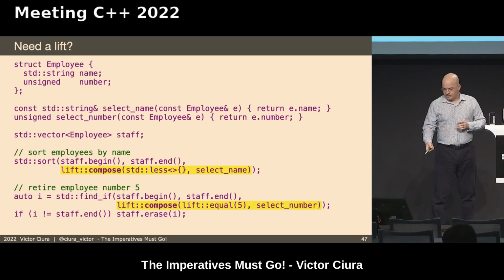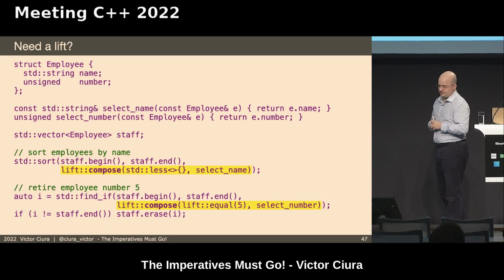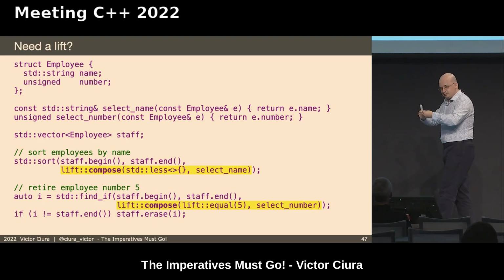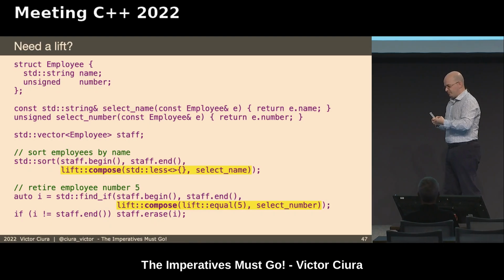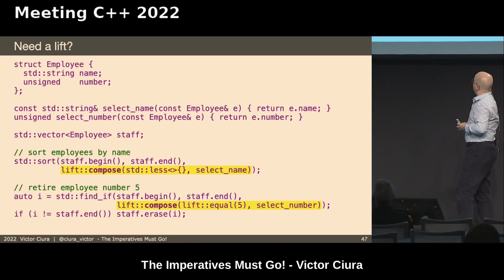And if we want to do find_if, again, we're interested in finding something where the employee number is equal to 5, whatever that means. And yes, we could have written a lambda and been very explicit and very imperative in style in selecting what we care about there.